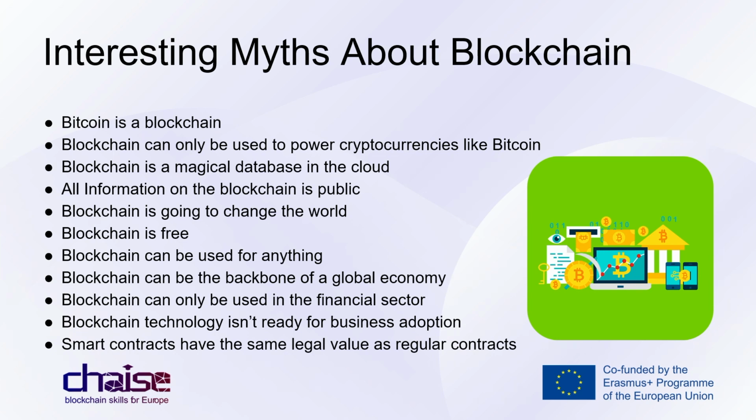Blockchain is not like a database in the cloud. It is an immutable ledger that exists on the blockchain network itself. All information on the blockchain is public. Again, it is wrong. If, for instance, we are using permissioned blockchains or private blockchains, then the transaction details or the data of the users is completely hidden from the public.